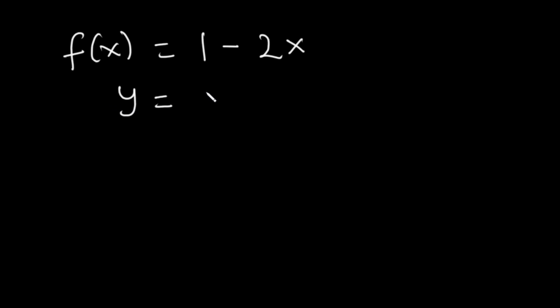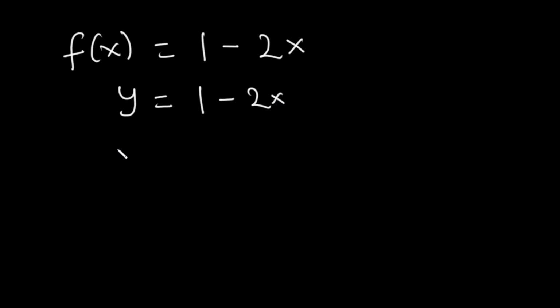So now, how do we find the range of a function? Say f of x is equal to 1 minus 2x. To find the range of a function, we need to represent f of x with y. So f of x, which is equal to 1 minus 2x, is going to be y is equal to 1 minus 2x.